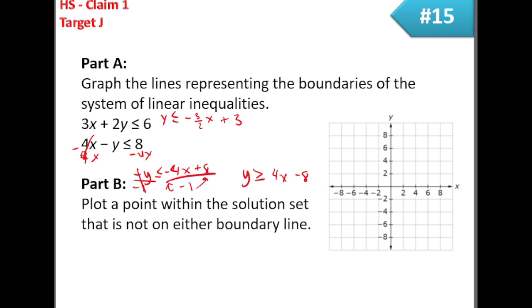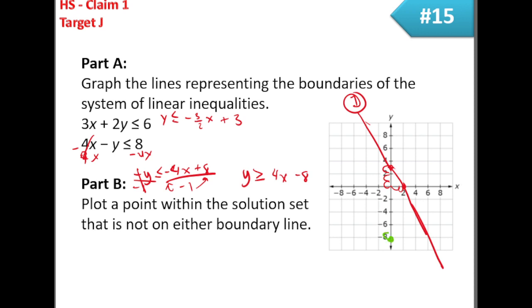So let's graph it. So +3 is right here. I go down 3, to the right 2. So from here, it is a solid line since it's shaded. So this is the first equation. Next equation, it starts at -8.